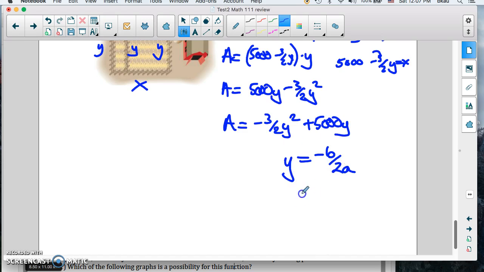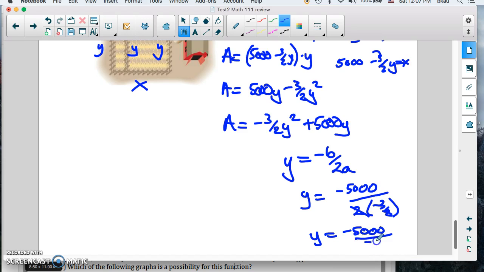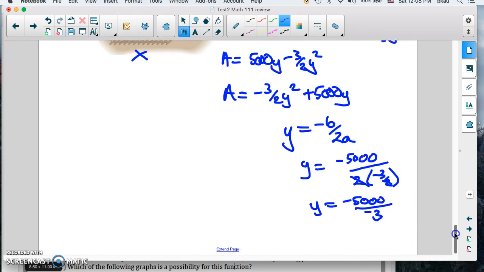Alright, so in this case, our y value that's going to give us a maximum is going to be negative 5,000 over 2 times negative 3 halves. Now this is going to reduce out, so we're going to get y equals negative 5,000 over negative 3. So our answer to the maximum value is 5,000 divided by 3.